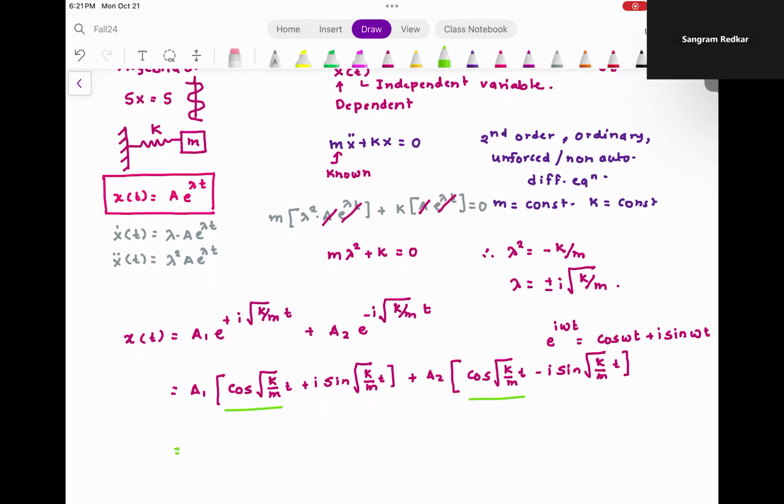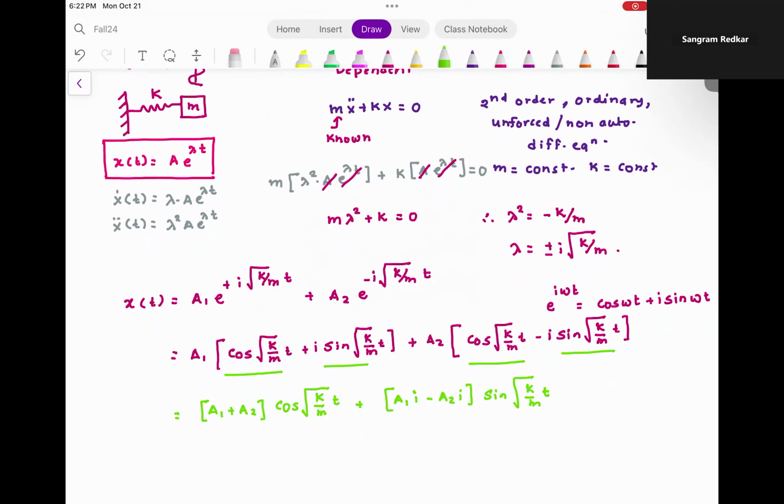So I can write this down as a1 plus a2 times cosine square root of k by m t, and here I have i sine and i sine. So I can say plus a1 i minus a2 i times sine square root of k by m t. Are you with me?